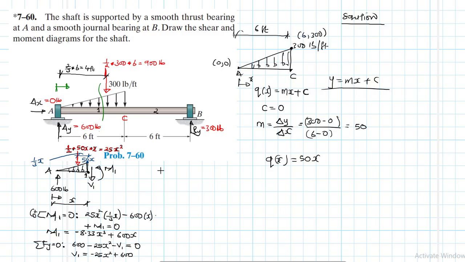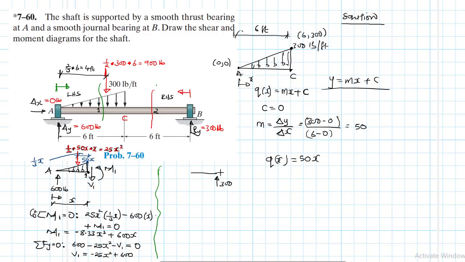Let's also consider the other part, the section at this point. Okay, and then we are going to use the right hand section. Alright, so we'll be moving from this side. So we're using the right hand side section here. We're using the left hand side section. So let's draw this quickly. So it is like so. We have a load there of 300.